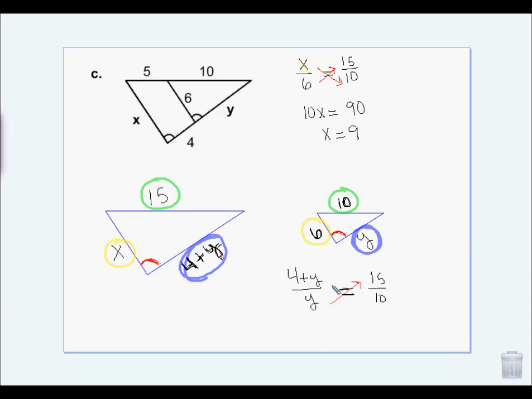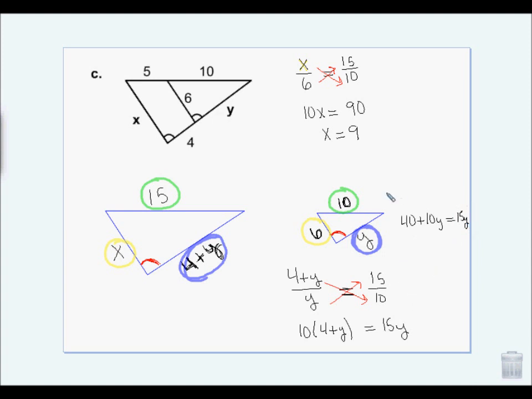Okay, and then I'm going to cross multiply. And this is going to give me, I'm going to run out of room, but 10 times 4 plus y is equal to 15y. Right? And if I distribute that, I get 40 plus 10y is equal to 15y.